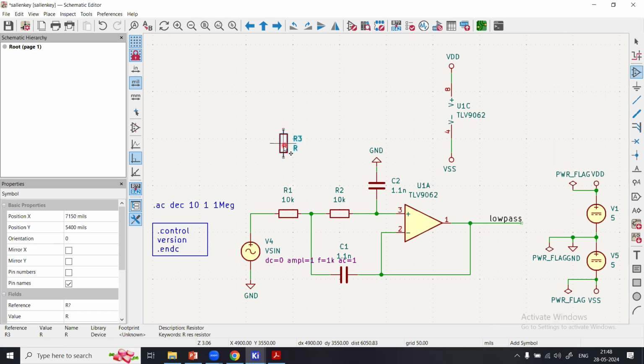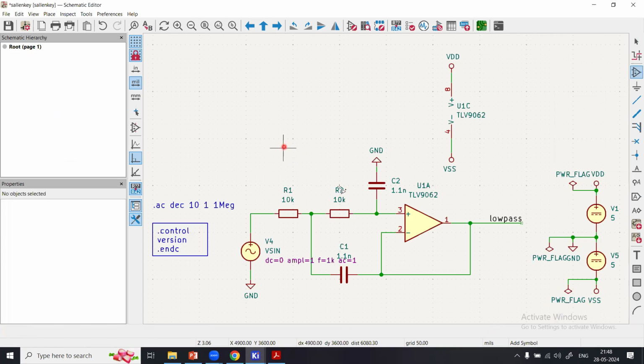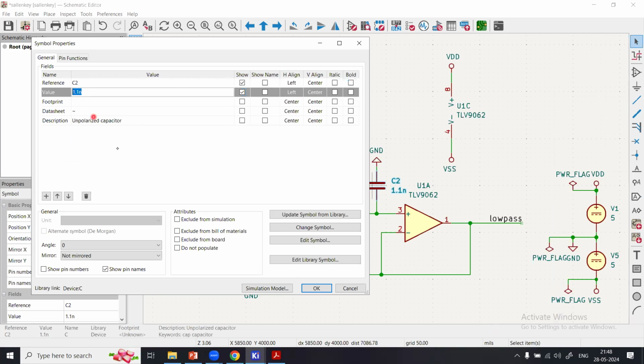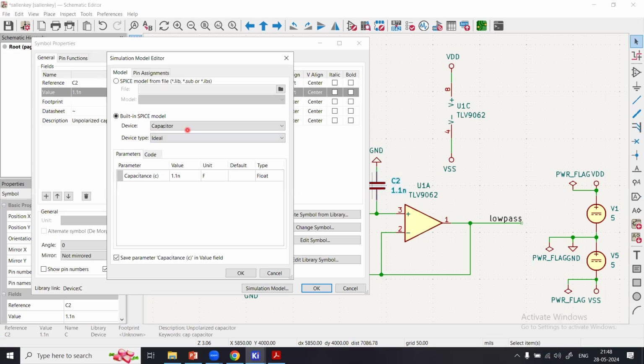I have explained this in the previous session. Similarly, I chose the capacitor. Once I chose the capacitor, I can simply double click on the component and write the value here. If you click the simulation model, I'm using the built-in SPICE model for the resistor and the capacitor.